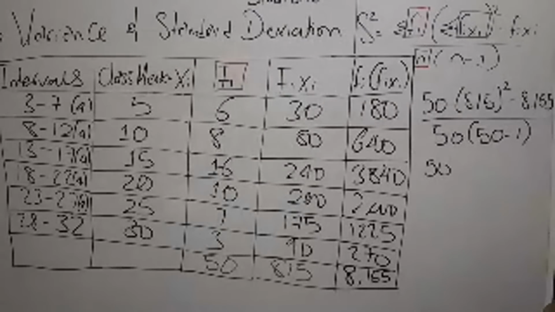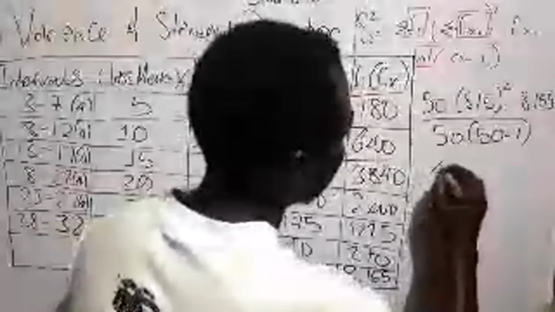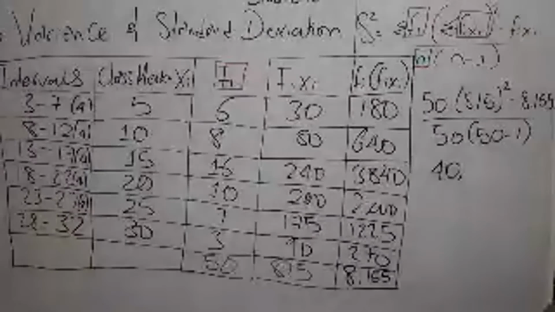That's 40,000. That should be 40,750. Minus 8,155. All over, we have 50, we have 49.